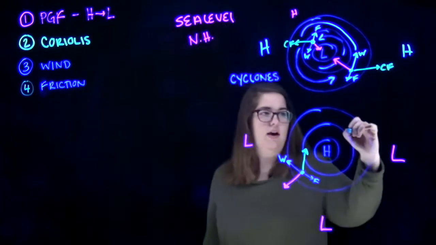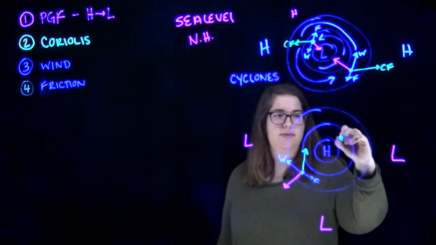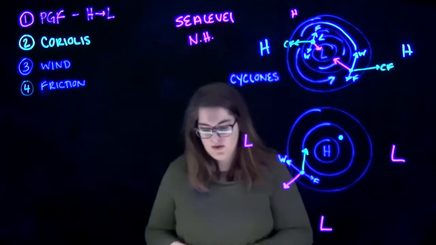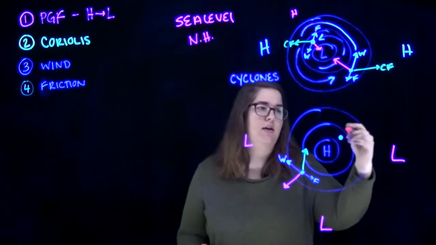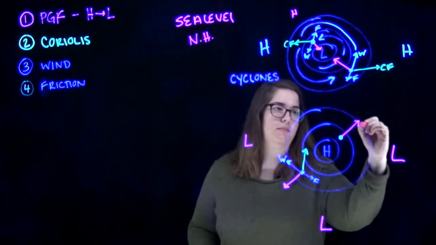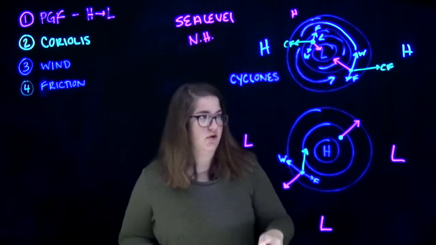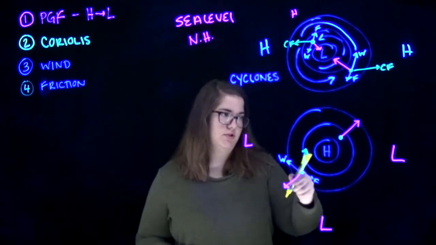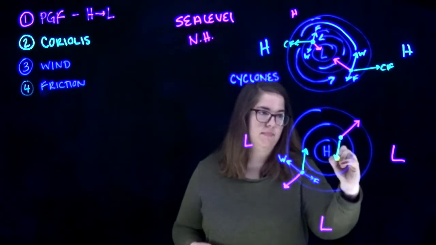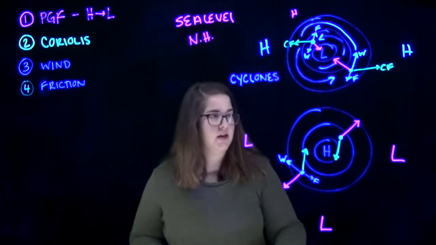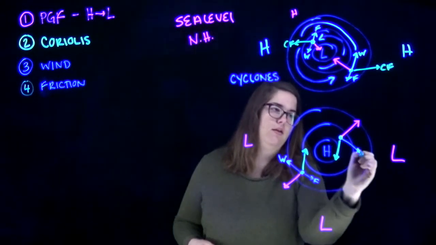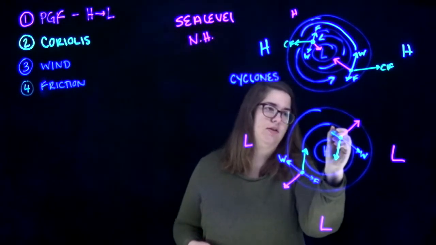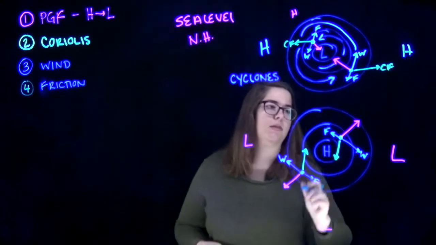If we try that on the other side, we can still put our pressure gradient force going from our relative high to our relative low. We still have Coriolis being pulled to the right at some angle past 90. And we can still put our wind in the mouth and friction behind it.